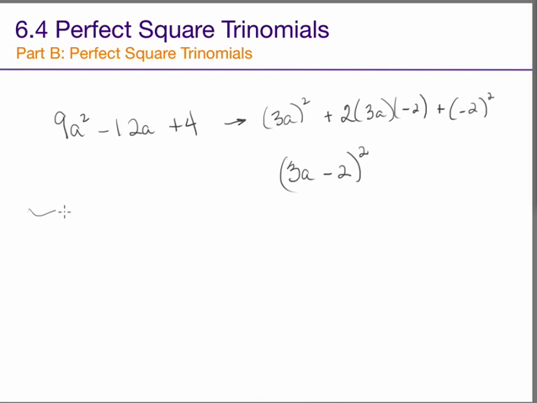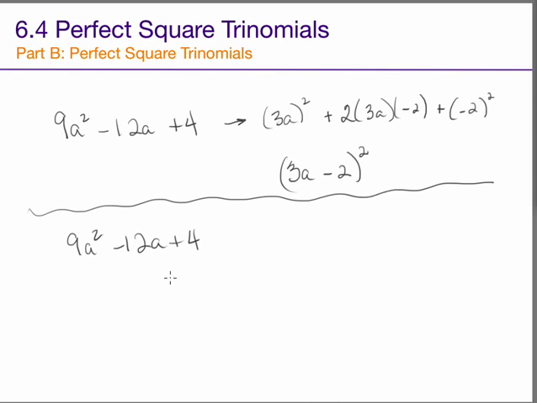If you can't, then just use the other method. Anything common to 9a squared, negative 12a, and 4? Nope, just 1. So I can go right in and find my product and my sum. My product is 9 times 4, which is positive 36.